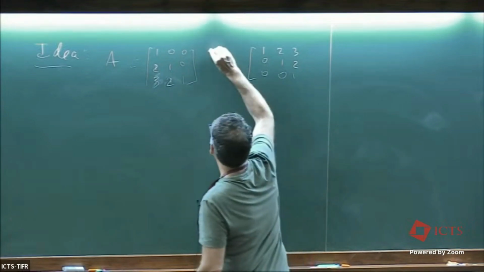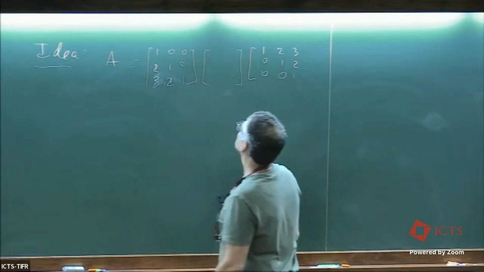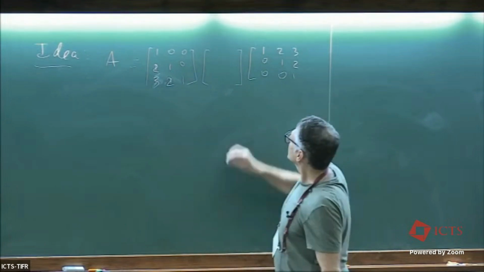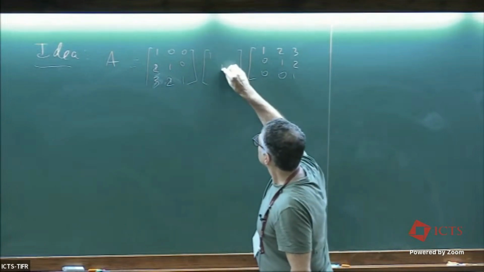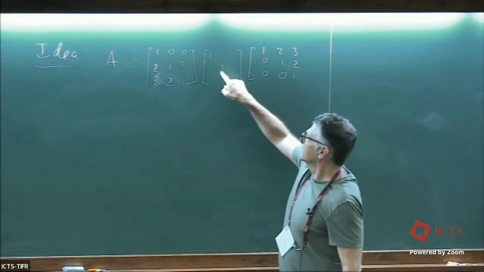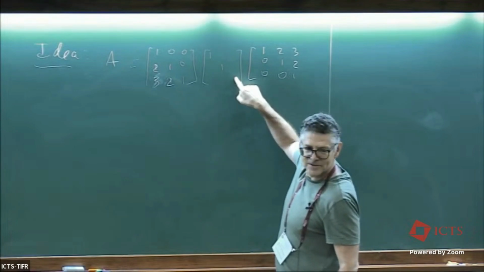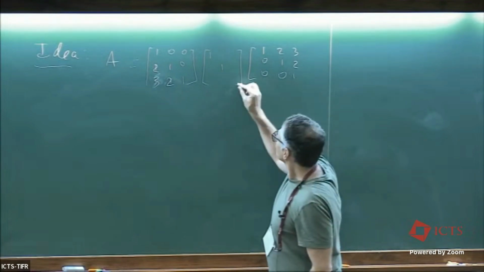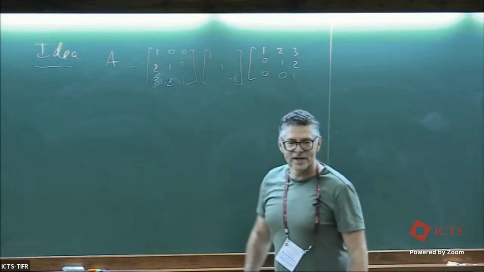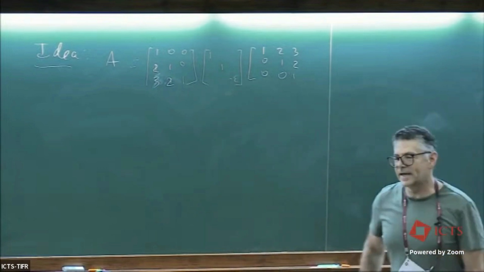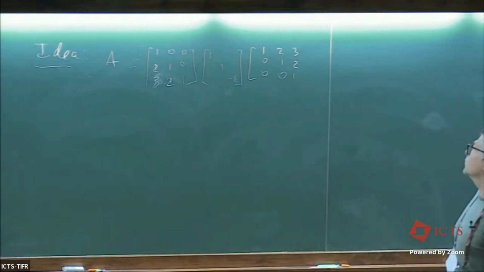What can I do? Let's plug something in the middle. Something simple. If I put something positive here, this is going to hurt me. So let's put minus epsilon here and see what happens.